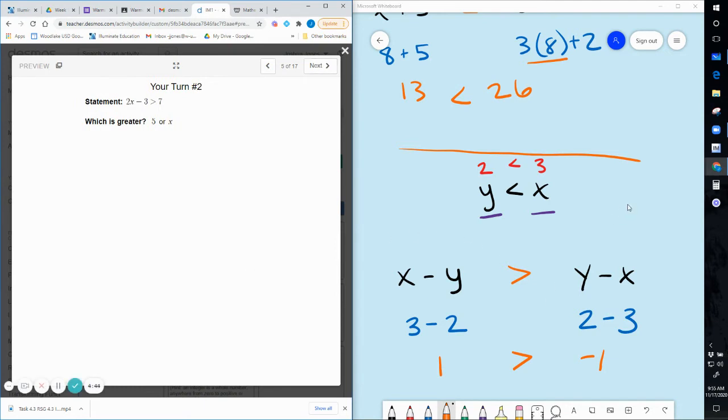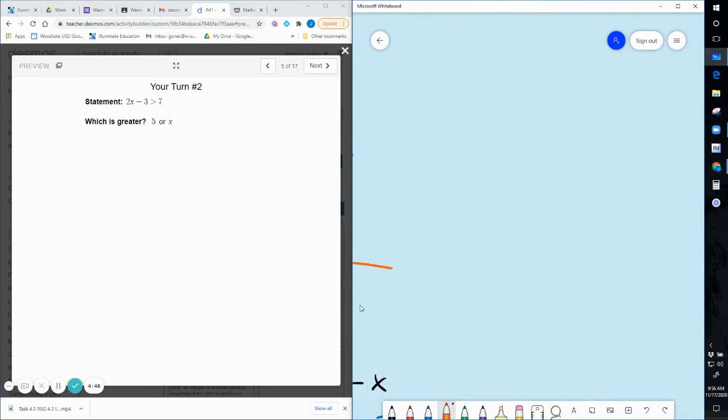All right, next one, your turn again. Which is greater, 5 or x? Basically you want to put in 5. It's saying you can solve for x or figure out if putting 5 in there makes this statement true or not. So plug in 5 and see if this is actually true.